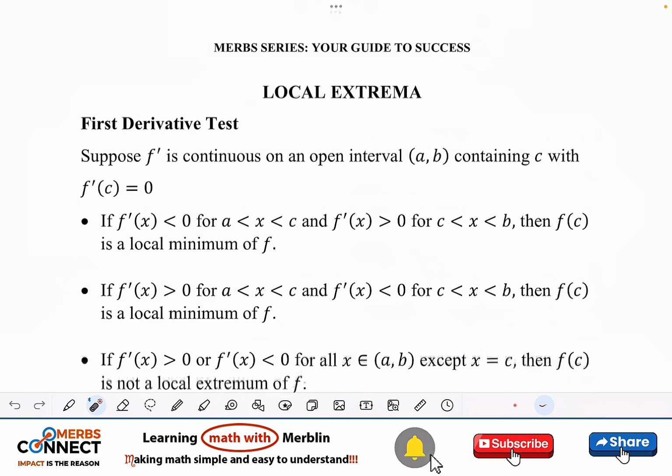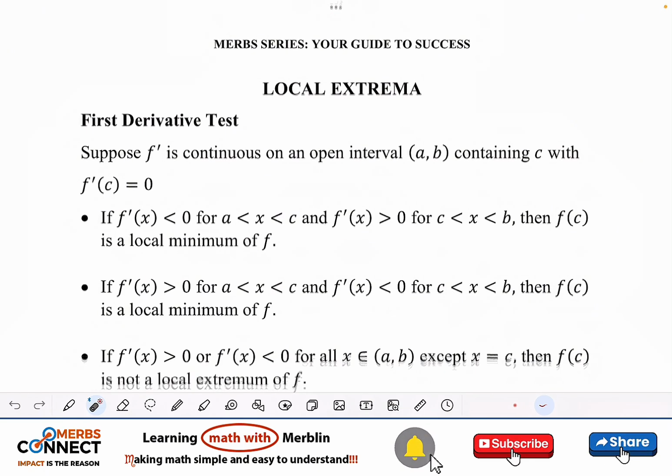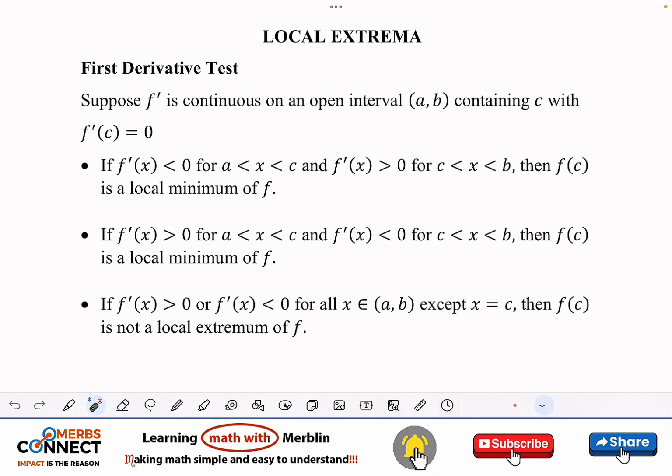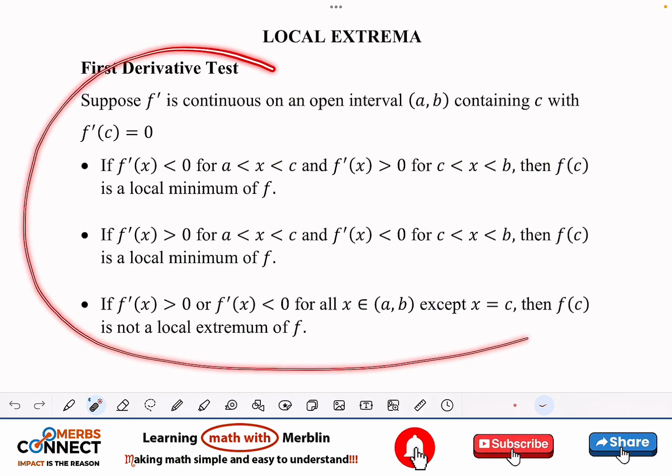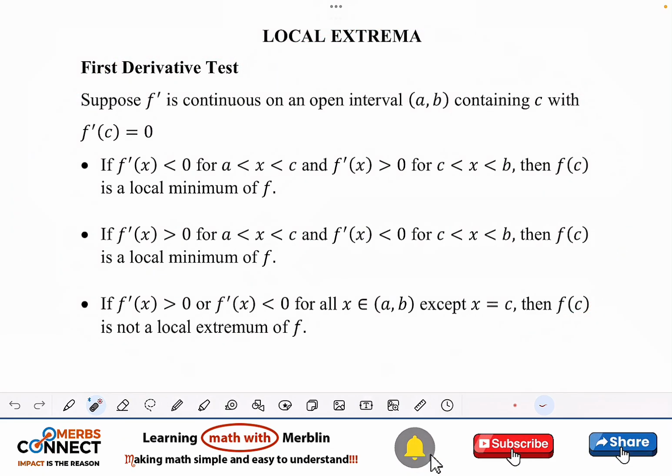Now let's look at local extrema. For local extrema, we have two ways of doing it. We have the first derivative test and then we have the second derivative test. We will talk about the second derivative test in maybe the next two videos, but let's look at the first derivative test. This is basically the definition that helps us to define local extrema, right?